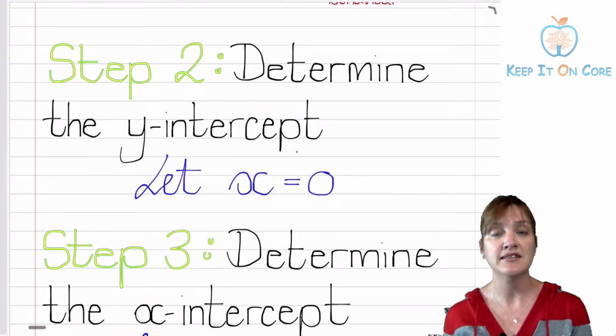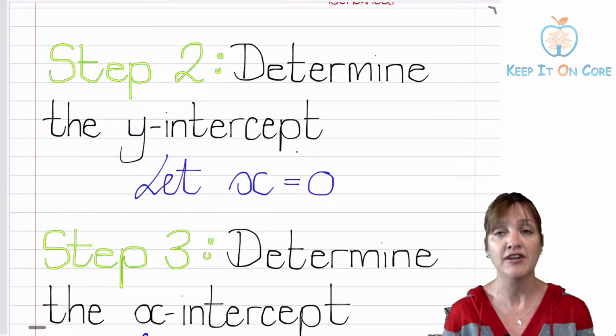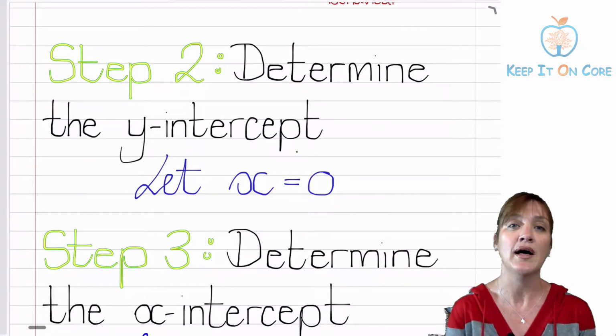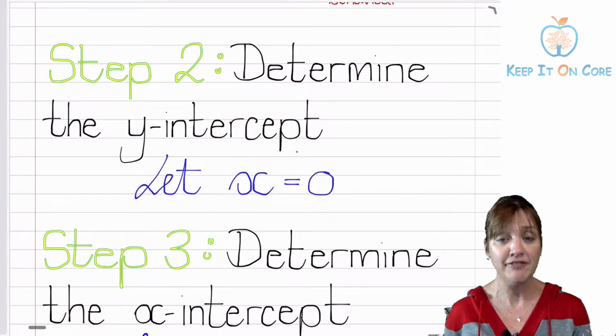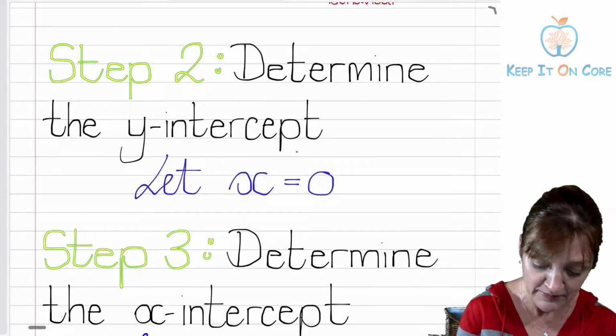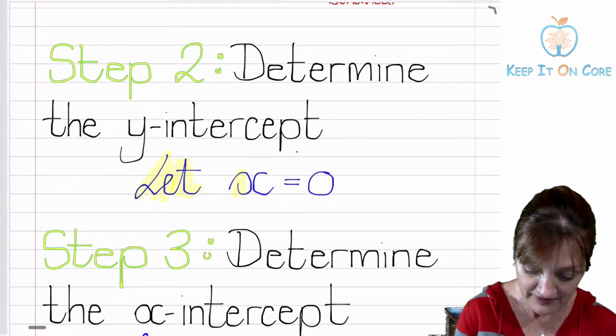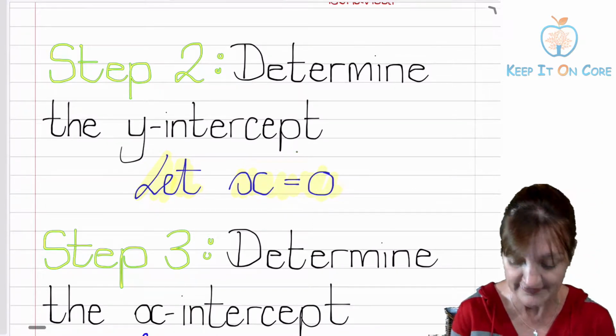Once you've determined the shape of the graph, we're going to have a look at step 2. Step 2 is always going to be to find your y-intercept. Just like any function, how do I find the y-intercept? I let x equal 0.